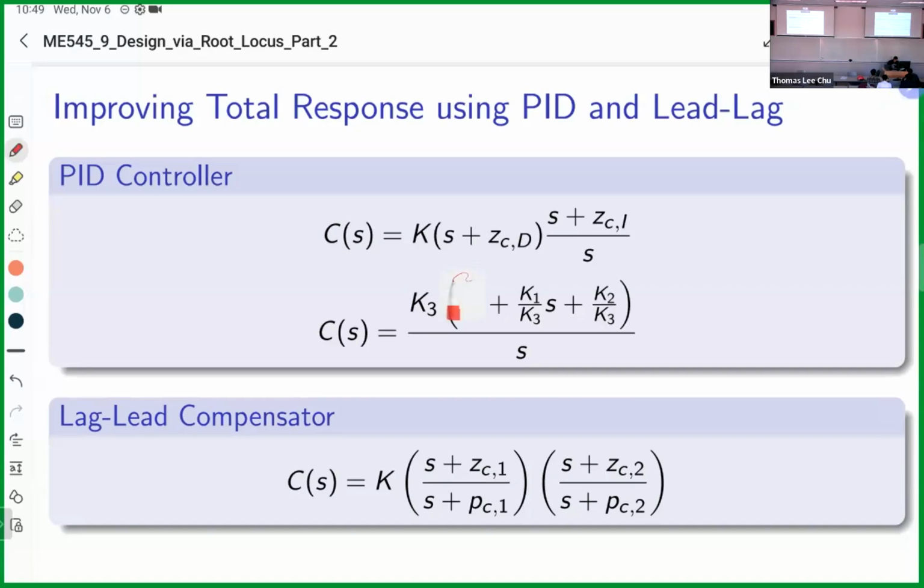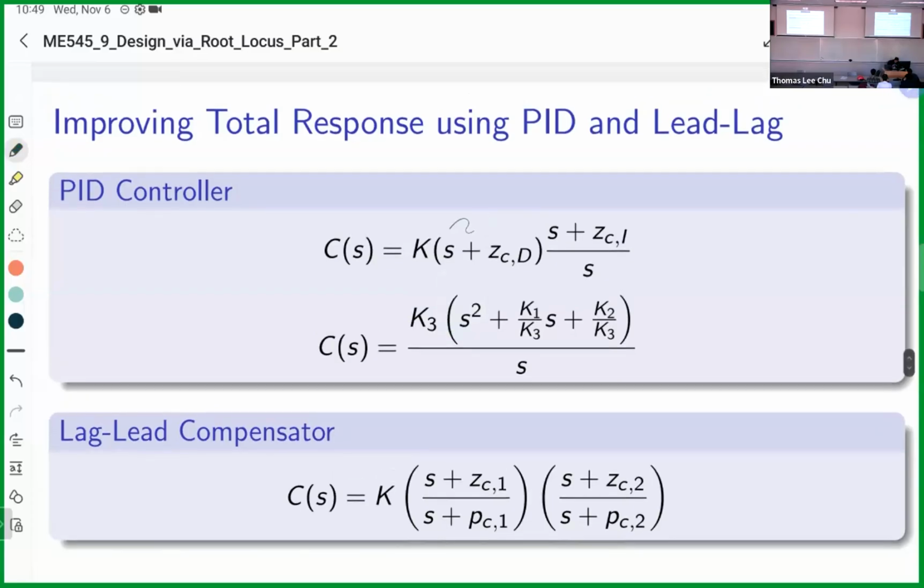So here I have a little bit more annotation on this. This is our PD controller. This is our PI controller. Then I have this D for the derivative and I for the integral.